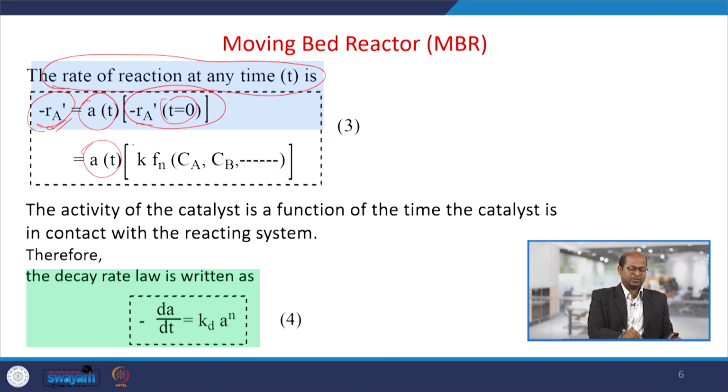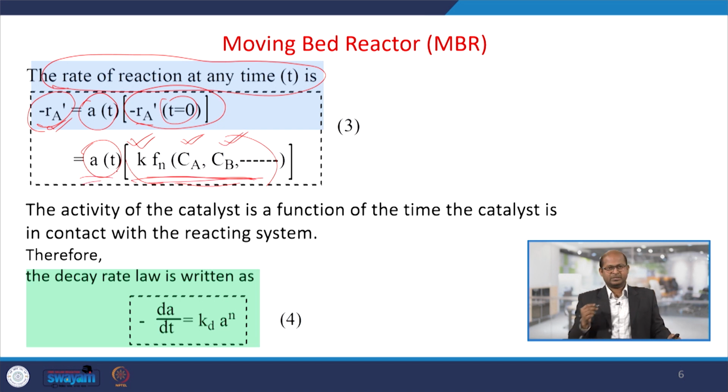So we put the activity term and this rate part, meaning the reaction rate constant and the concentrations of the individual components. This is the rate term, and this is the deactivation or activity term of that system.